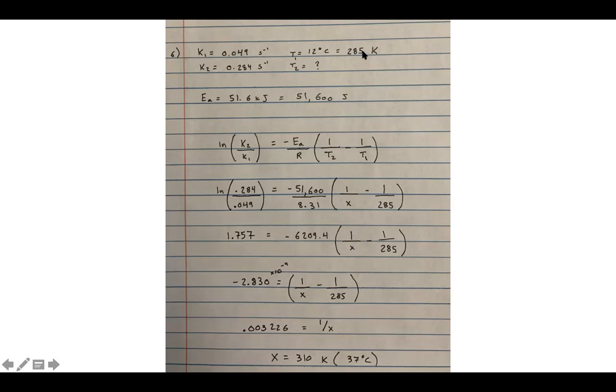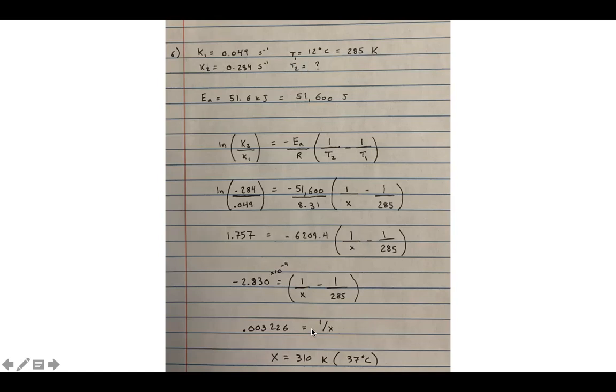Now, what I know about reactions and how fast they run and temperature is that as temperature increases, my rate constant should increase. Therefore, my rate should also increase. Because K2 is a lot bigger than K1, I knew that my T2 should be bigger than my T1.